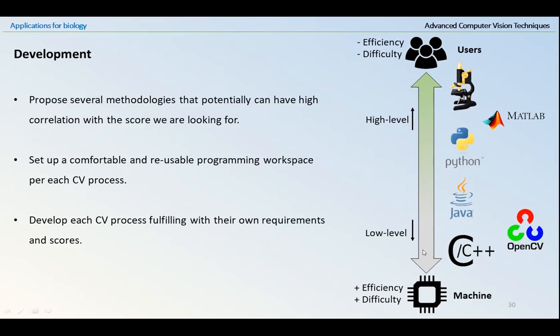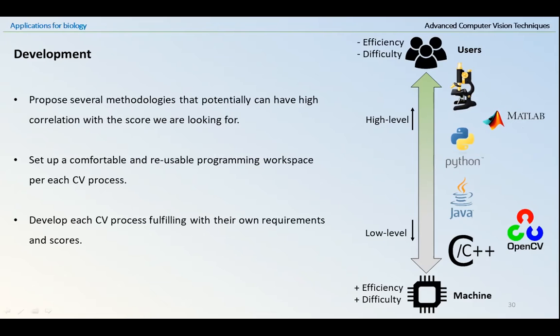Like the extreme case would be dealing with zeros and ones. However, it's possible to develop anything using zeros and ones, but that would be the most efficient way of coding, but impossible.